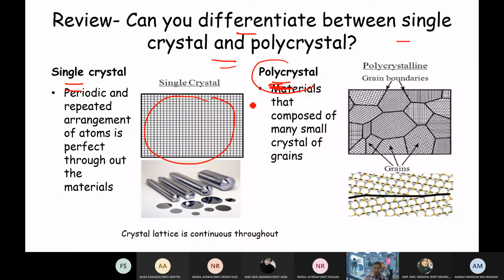It is composed of many small crystal grain, and each crystal has its own arrangement. So, like the name, polycrystal consists of many crystal region, while single crystal consists of only one single region. That is how we differentiate between single crystal and polycrystal.